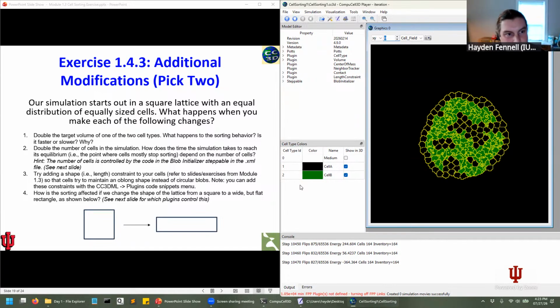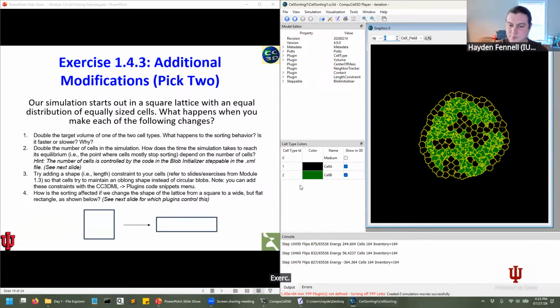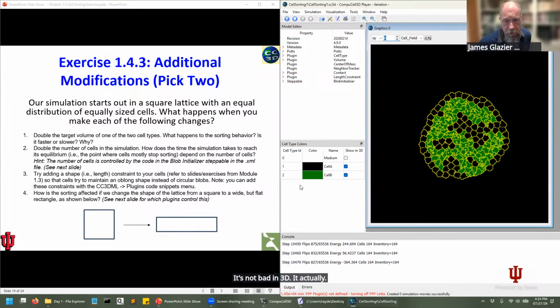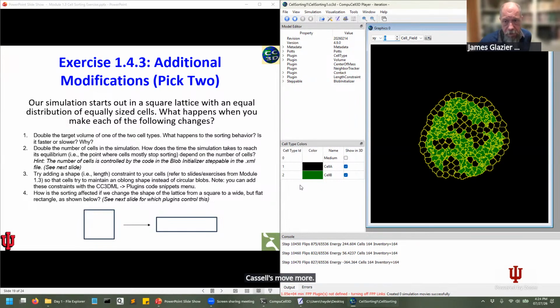Okay, good. Had anybody tried the three-dimensional exercise, just building cell sorting in 3D? It's not bad in 3D. It actually runs faster in 3D than 2D in terms of the number of Monte Carlo steps to sort, because cells move more easily around each other in 3D than they do in 2D.